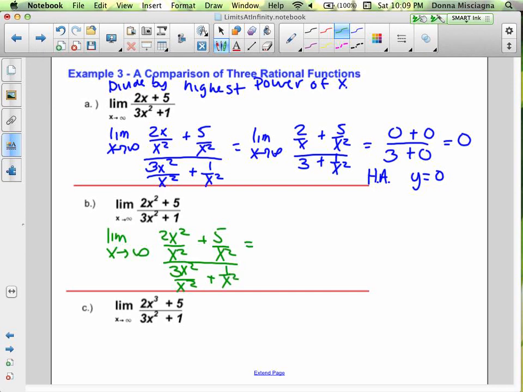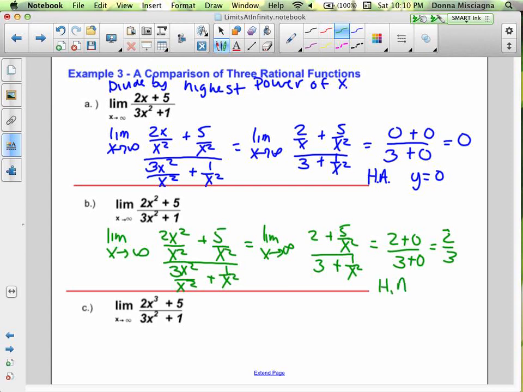So that's going to be a 2 plus a 5 divided by x squared, over a 3 plus 1 divided by x squared. So that's a 2 plus a 0 divided by a 3 plus a 0. That's 2/3. Again, this one has a horizontal asymptote, and that horizontal asymptote is y equals 2/3.